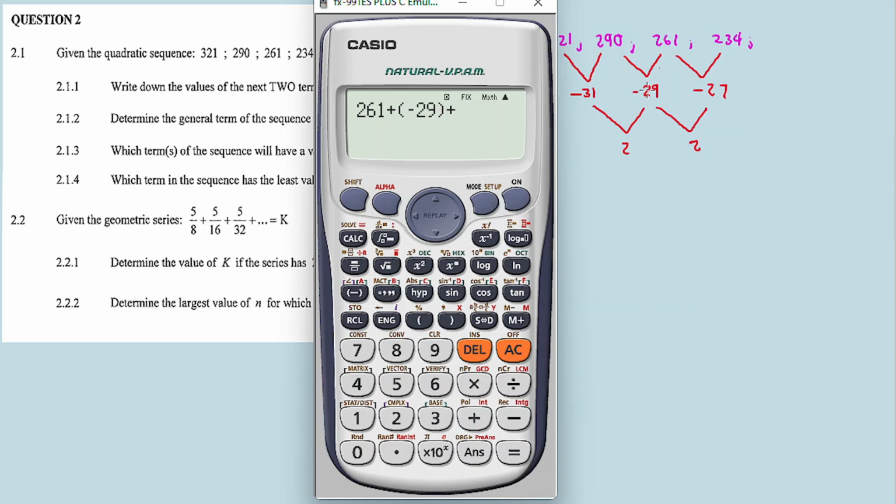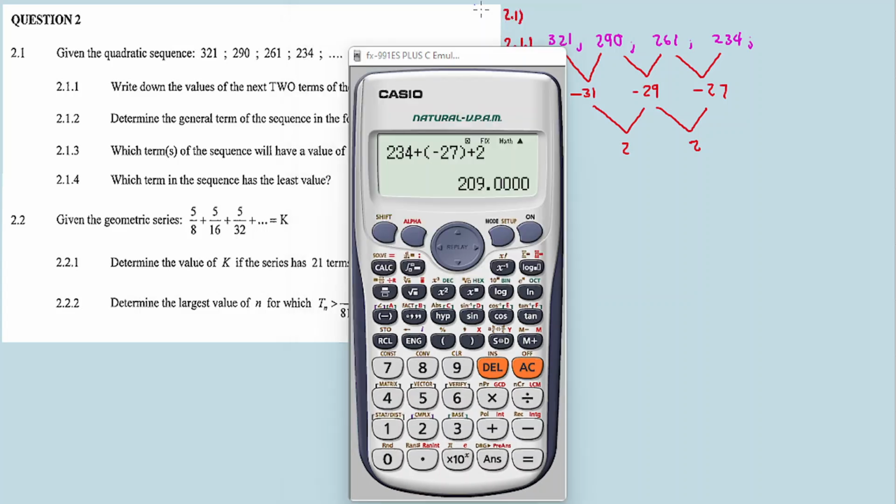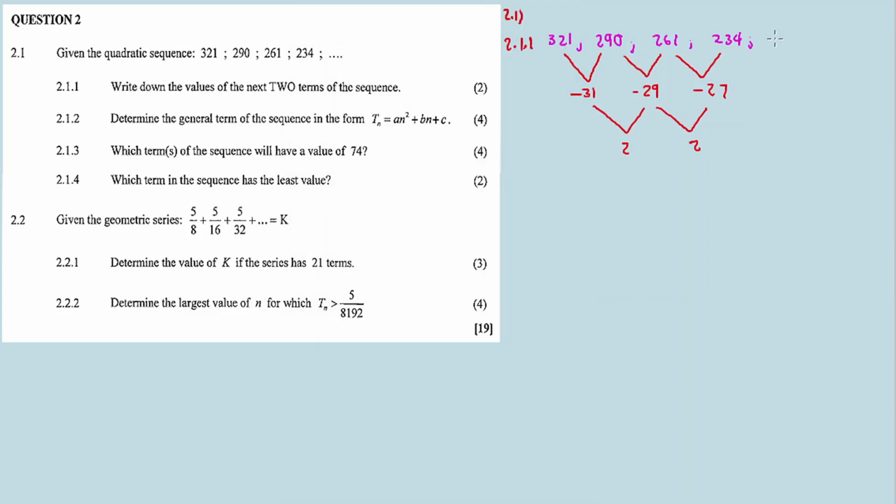So ngithi this one plus this one plus this one inginikeza u234. So the next term ngiyoyithola kanjalo, ngiyo-add u234 plus negative 27 plus 2, yosinikeza 209.